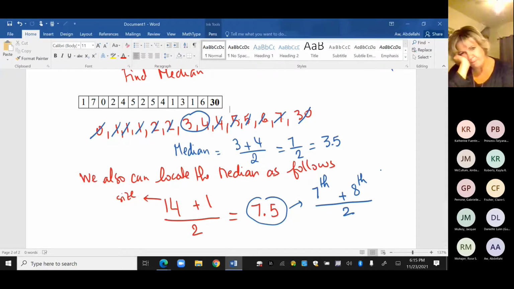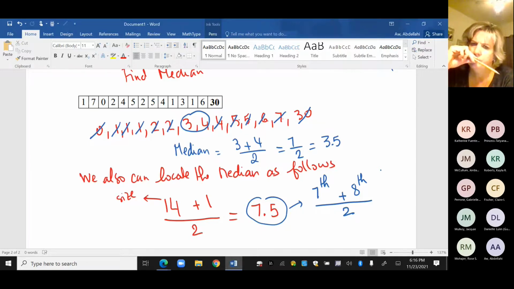It is the number at the 7th position plus the number at the 8th position, divided by 2. That's going to be your median. You see 7.5? You add up the number located at the 7th position and the number above, which is the 8th position, and you divide by 2.